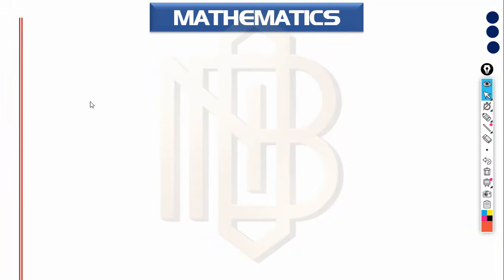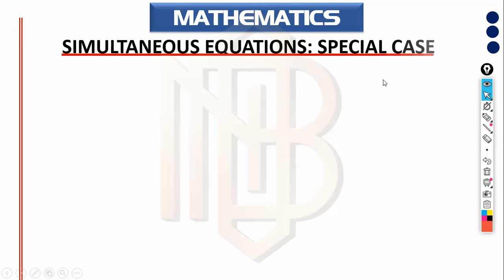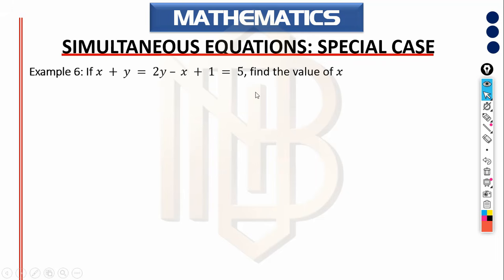Let's take a look at a special case here. We have x plus y equals 2y minus x plus 1 equals 5; find the value of x. When you have an equation like this, it is like two equations in one. There is a way you can do the grouping, in two ways.